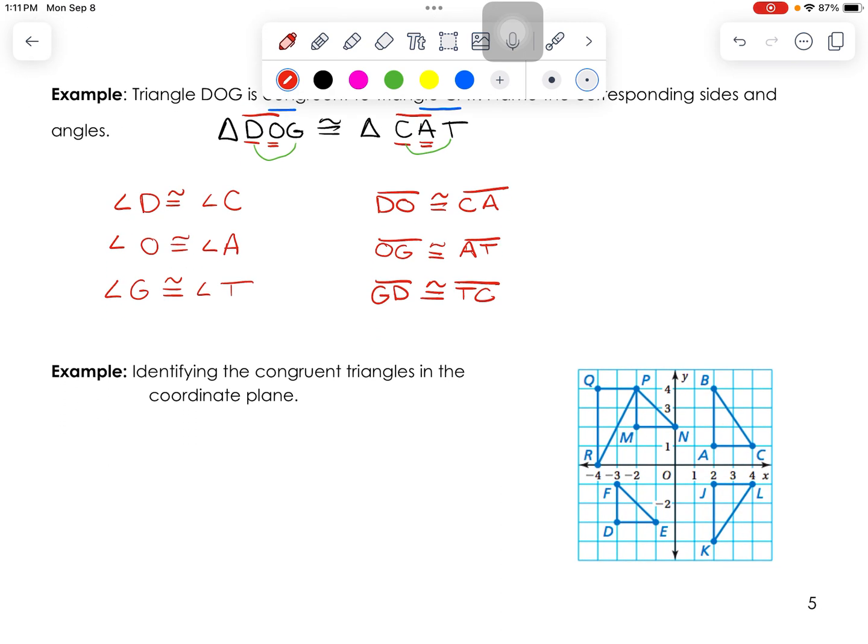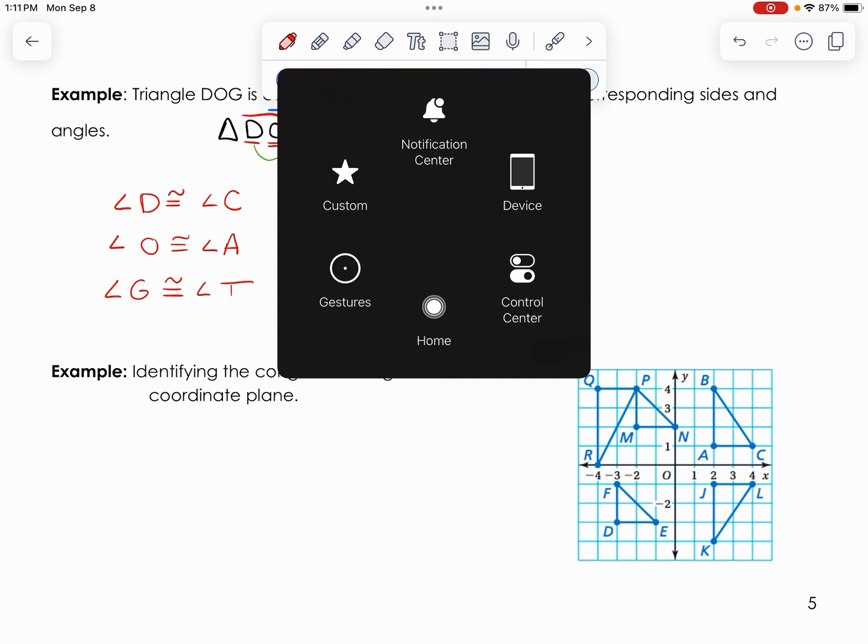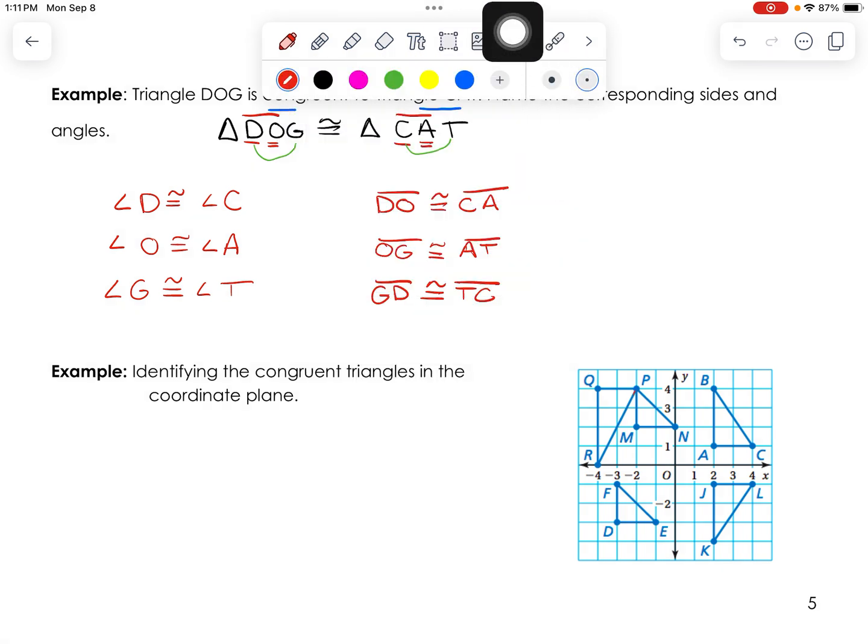Okay, here it says identify the congruent triangles in the coordinate plane. So again, we're looking for triangles that are the same shape and same size. So here I can see this triangle that I outlined in red will match with this triangle here, which is also outlined in red.